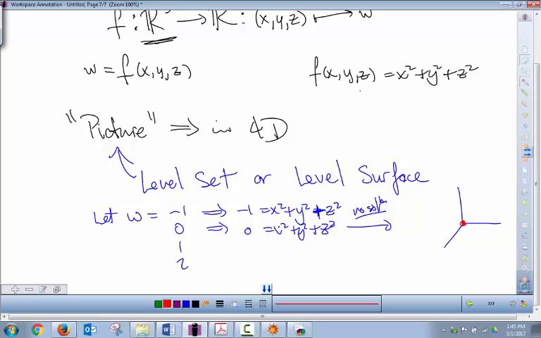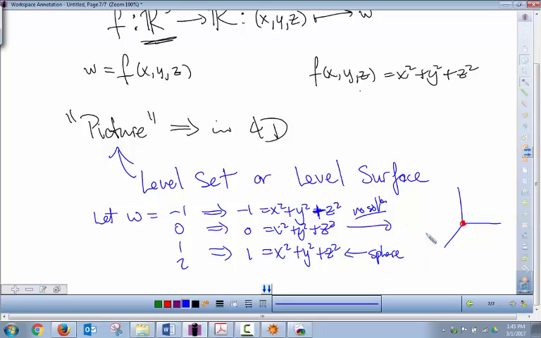Now let's put 1 in. What does x squared plus y squared plus z squared equal to 1 look like? Sphere, thank you.